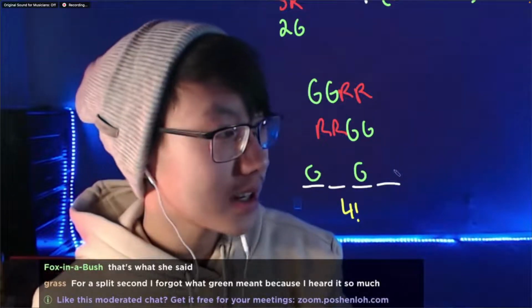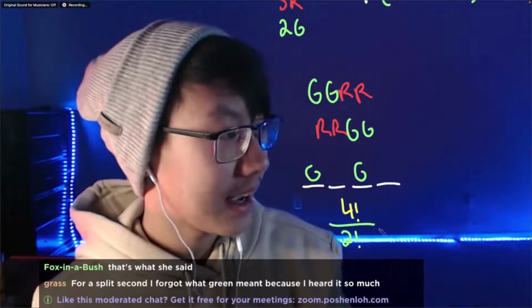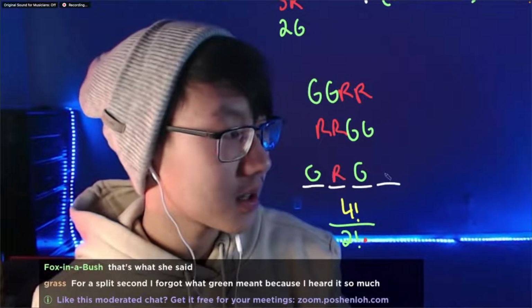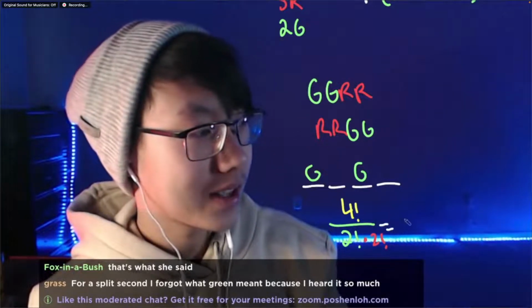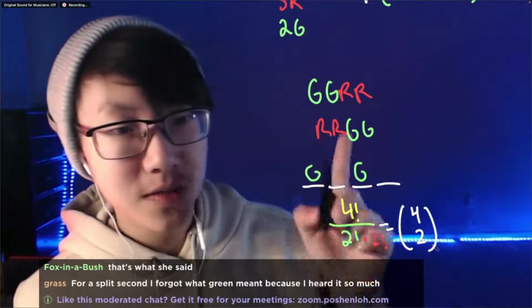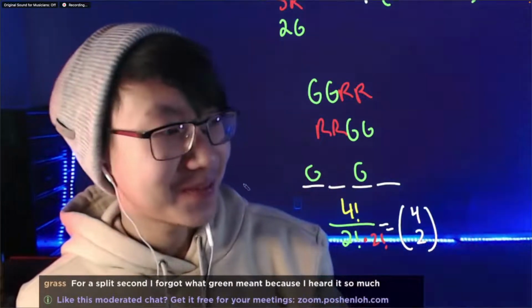So the greens are interchangeable, which means I need to divide by 2 factorial. And the reds are the same by the same logic, so I need to divide by 2 factorial for that as well. In other words, I just did 4 choose 2 because I'm choosing 2 spots for the greens to go, right?